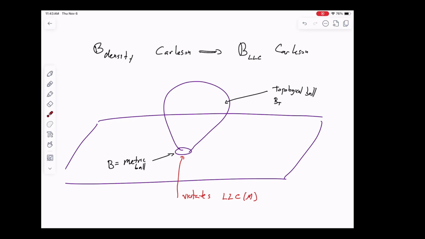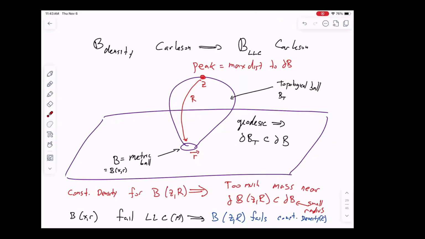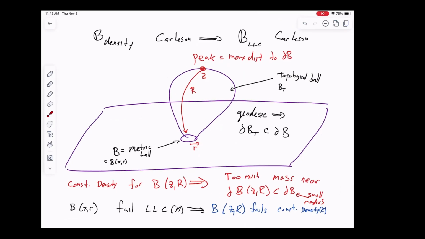Okay, so I claim, on this picture, that if this violates LLC with some constant m, then there's another ball that will violate constant density. And that's the point of this. So what is this other ball? I look at the peak of the bubble and I look at this radius.